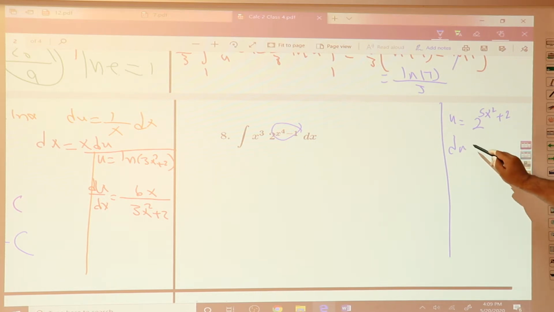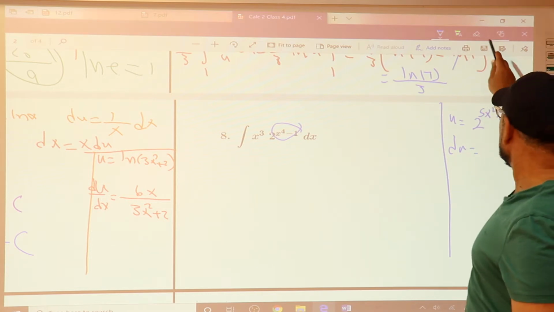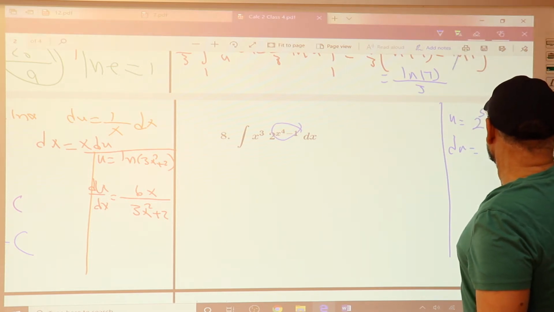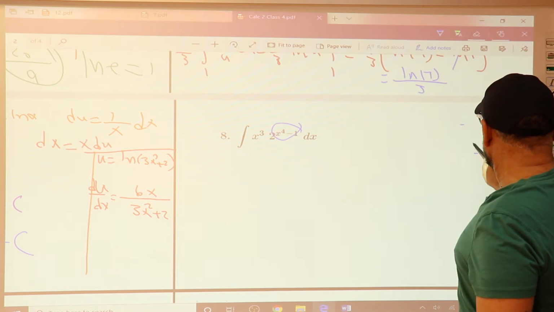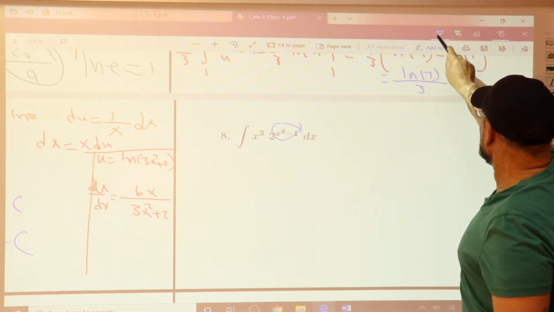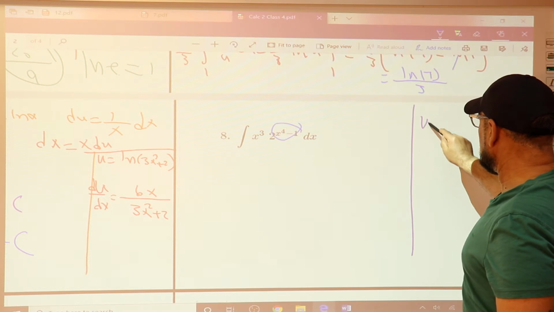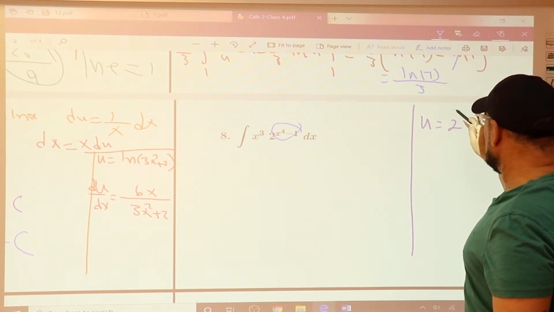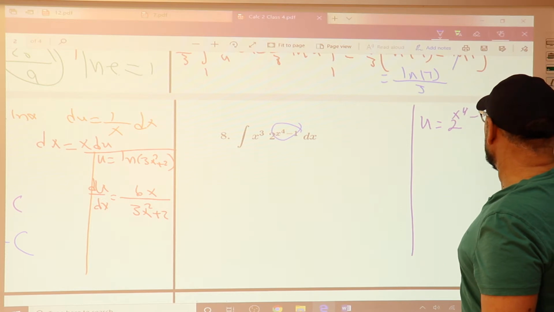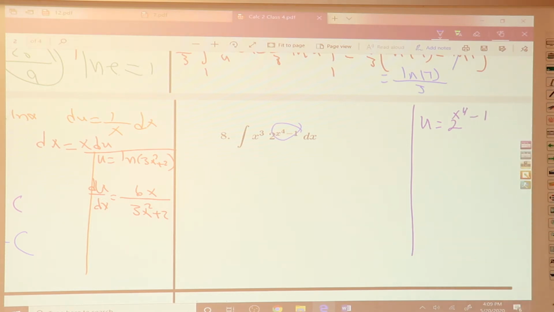This example, I'm going to erase it. Then du equal, I'm sorry, u equal 2 to the x to the 4 minus 1. My base is 2. How do we derive it? du: derive first the exponent, which is 4x cubed.